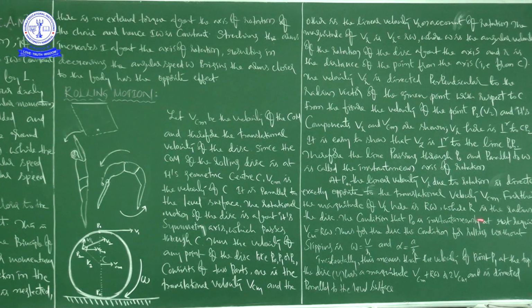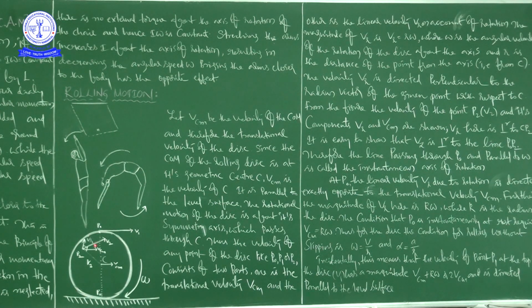Okay, right. Next point, see this. The velocity VR is directed perpendicular to the radius vector. The velocity VR is perpendicular to the radius vector of the given point with respect to C. And from this figure, you can also say that the velocity of the point P2, that is V2, and its components VR and VCM are shown.